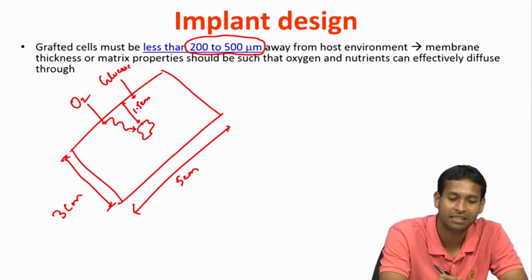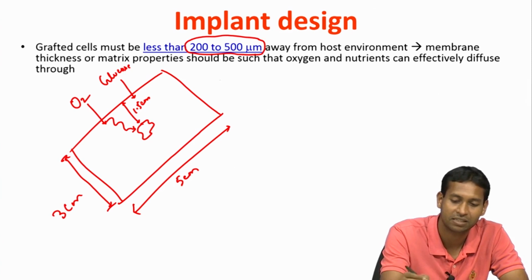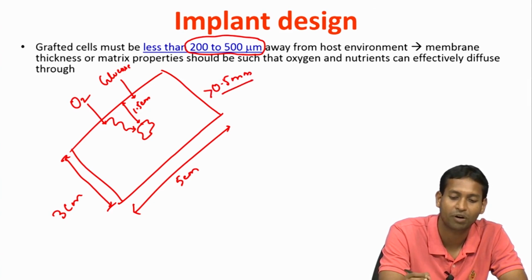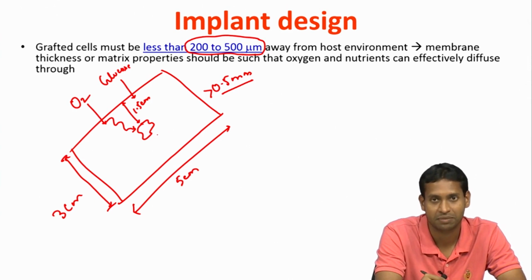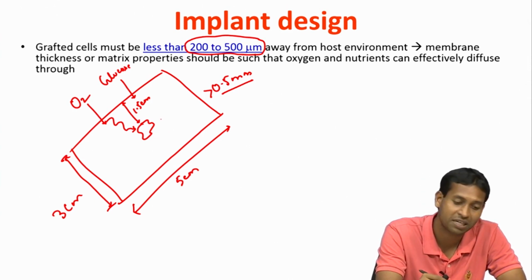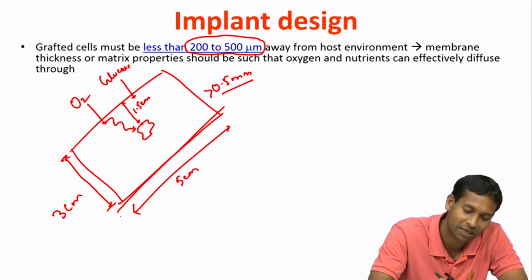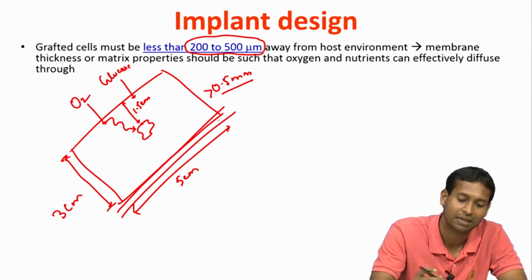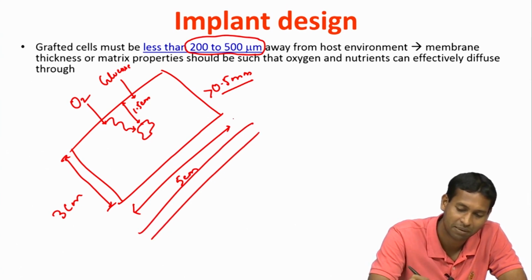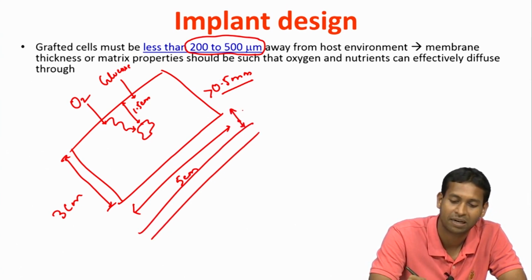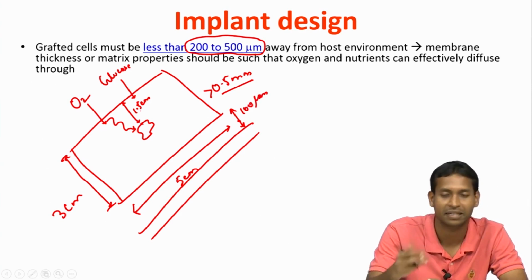So, what is seen is if you increase this size range to beyond 0.5 millimeter, then these cells do not survive very well, they do not get enough oxygen. And that is of course relying on the blood vessel passing right through here. The blood vessel could be further away from this implant edge by, let us say, 100 micron. So, now this distance is further increased.